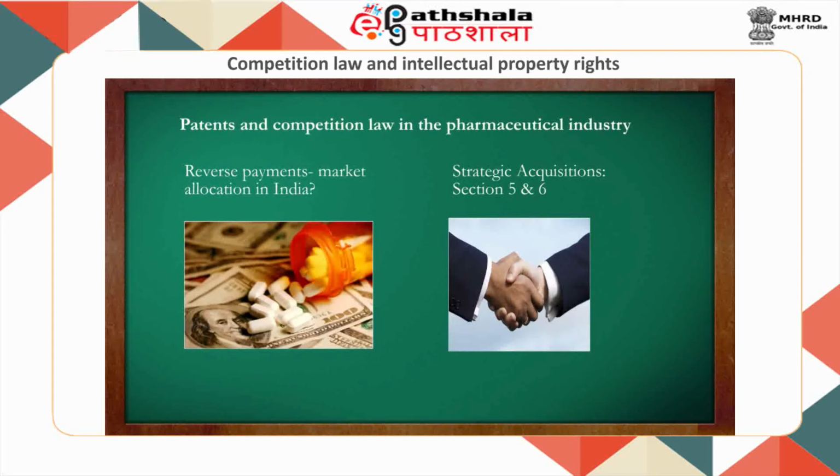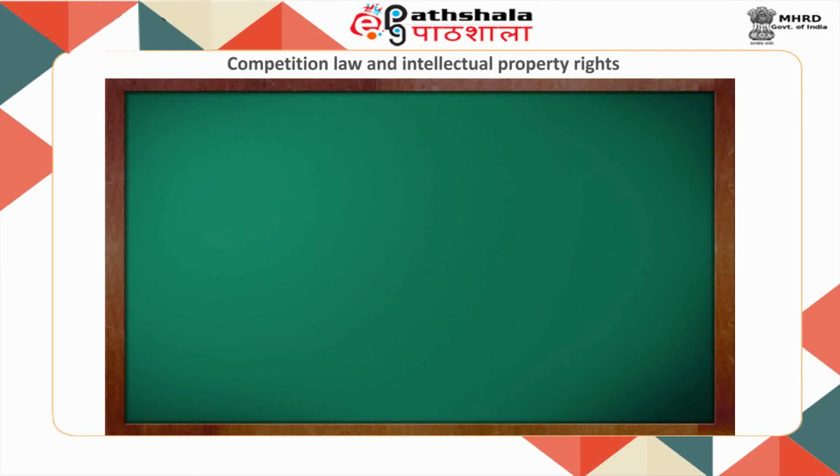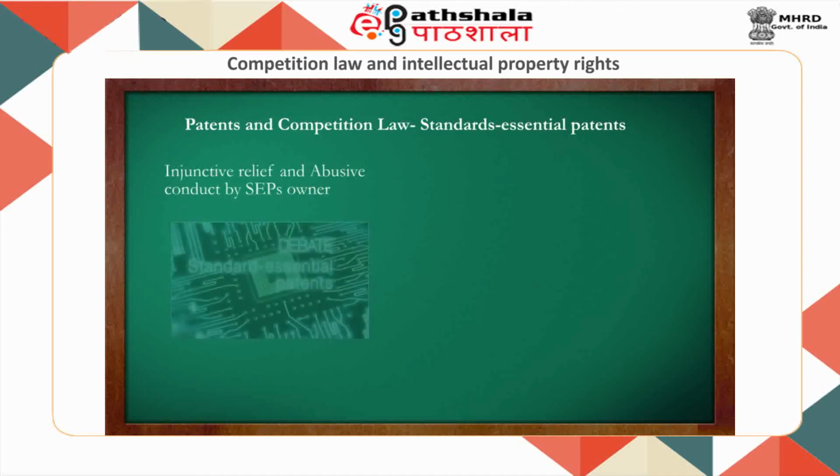Both these are industrial policy questions rather than those that have immediate impact on competition law. However, in consideration of these mergers and acquisitions of a generic company, it would be important to find out if the long-term strategies of these companies are going to change.